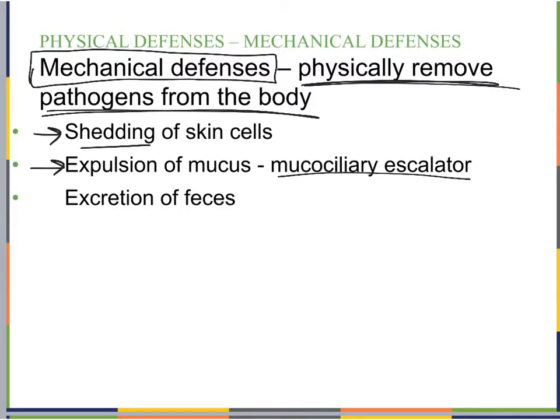So for example, our mucociliary escalator is going to produce mucus, and then that mucus is going to mechanically move the bacteria out of the body or away from the body. And then excretion of feces. So again, in the digestive tract, moving that all the way down and removing any pathogens along with the mucus with the feces is going to be how we can mechanically remove pathogens from the body.